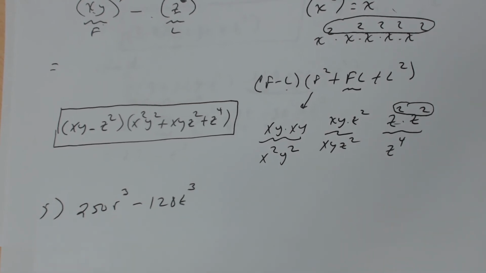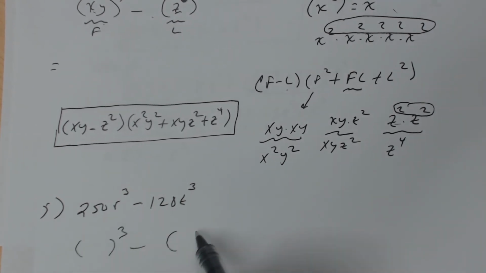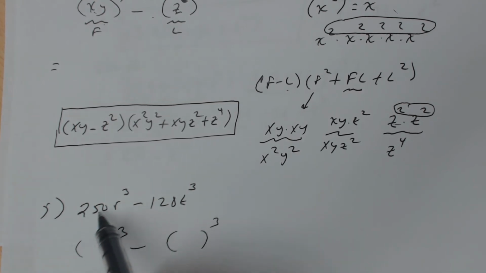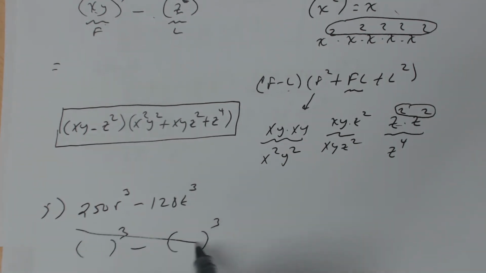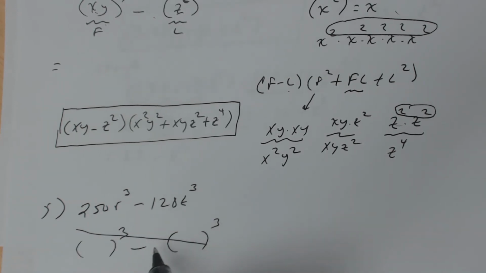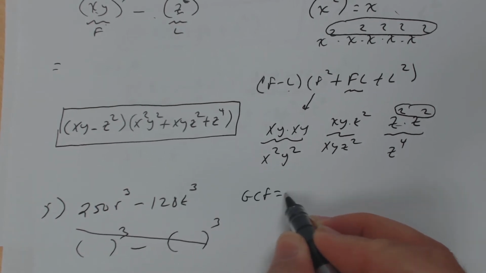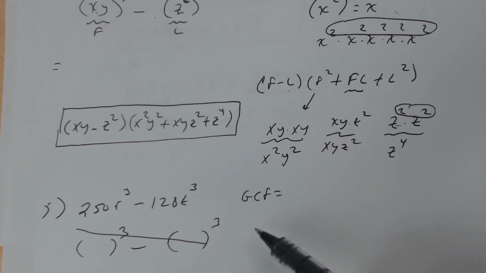Now, if you forget to do that and you say, all right, this is the difference of 2 cubes, and you come right here and you check, you're going to notice that no number times itself 3 times is 250. And no number times itself 3 times is 128. So you can have an issue there. So you can't go directly to checking to see if that's the difference of 2 cubes, because you got to find your GCF. And the GCF is something other than 1.